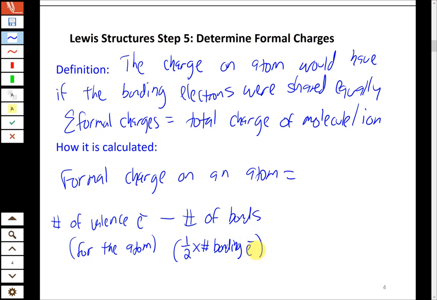Because again, for formal charge, we're taking those bonding electrons and we're dividing them equally between the two atoms that are bound. So each bond is going to count as 1 electron in this case. 1 electron that belongs to that atom, the other one belonging to the other atom that it's bonded to. So that's how we count that. And then the second thing we subtract is the number of non-bonding electrons around that atom, where we count each lone pair of electrons, each electron in that individually.